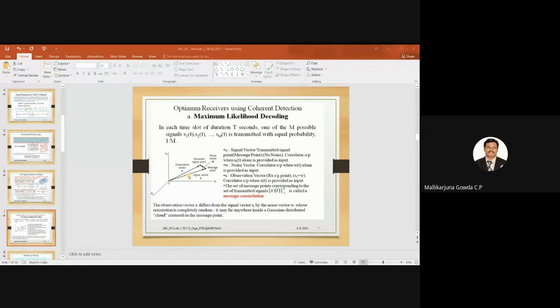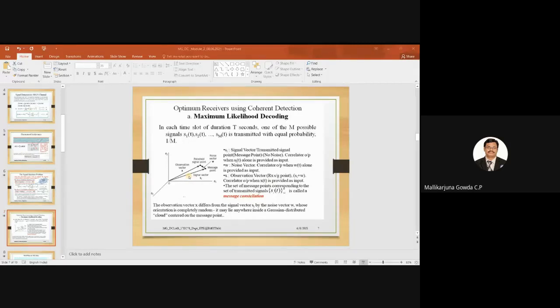Here, M possible signals means, I think we will understand in the coming lectures. If I say BPSK, I can transmit 0 with one phase and 1 with another phase, that is 0 degree phase shift.